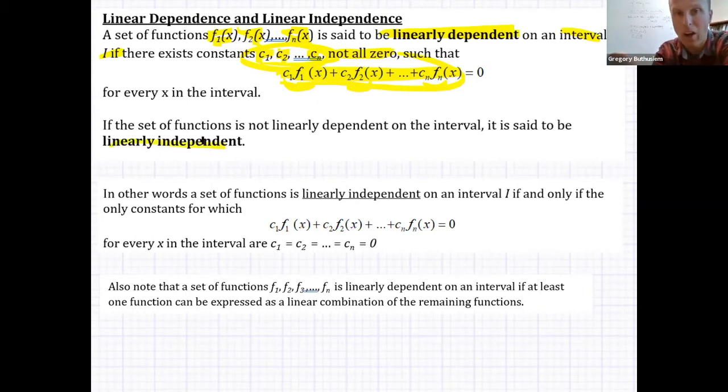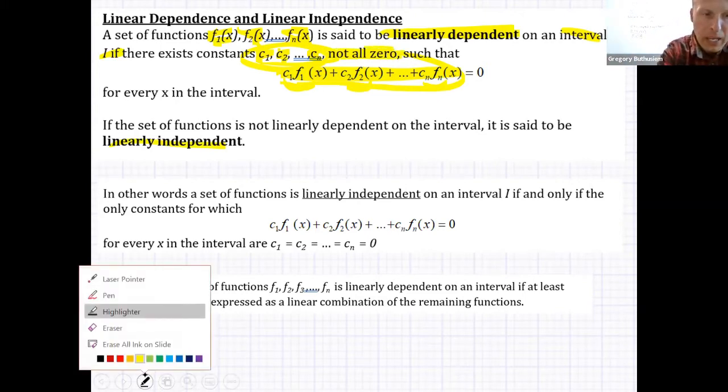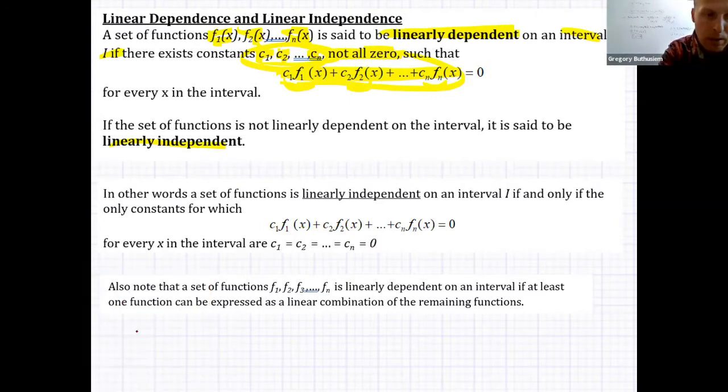Now, this not all 0 is pretty key. Clearly, if I made C1, C2, C3, all of those 0, if every single one of these was a 0, then I multiply each function by 0 and add it all up, clearly it's going to give me 0, right? So not all of them can be 0, but some of them can.